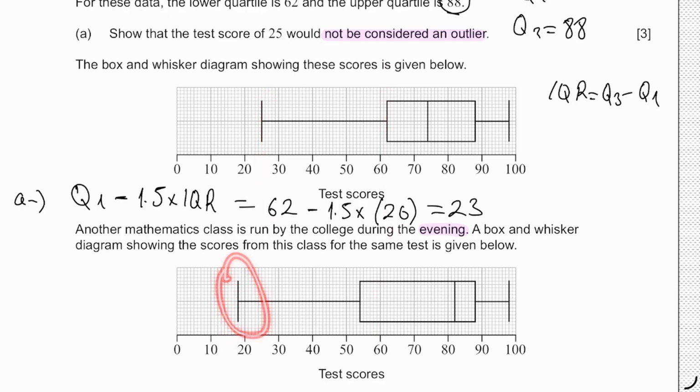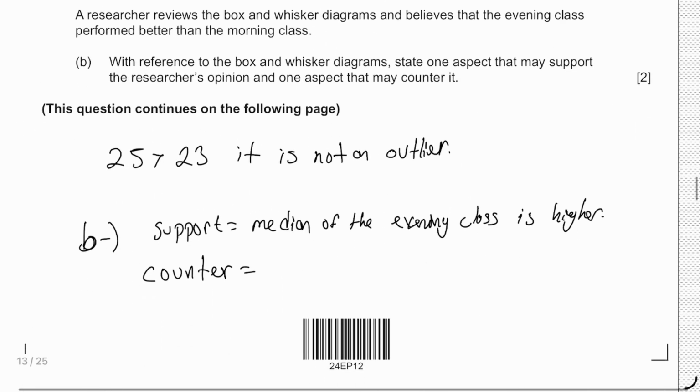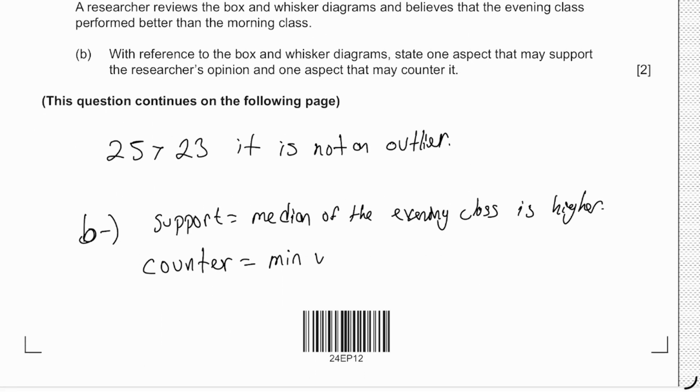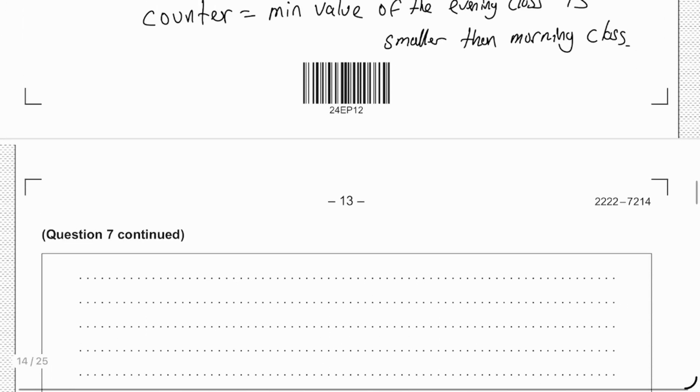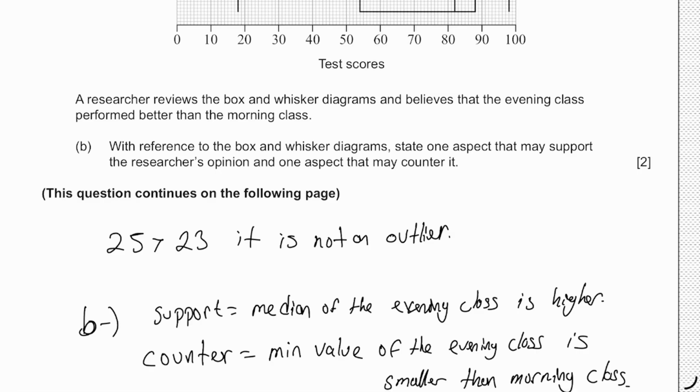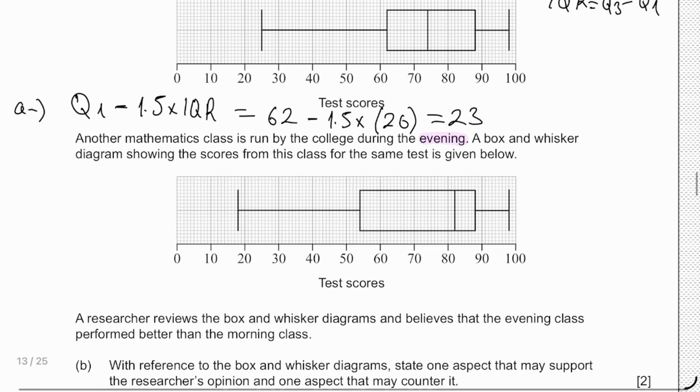So the minimum value of the evening class is smaller than the minimum value of the morning class. That's the counter example. Any other questions here? No. Number 7 was about this. So if you don't know this thing, please go and revise it.